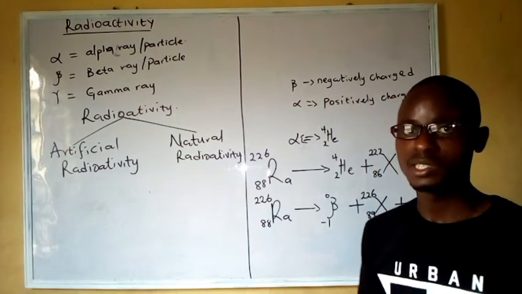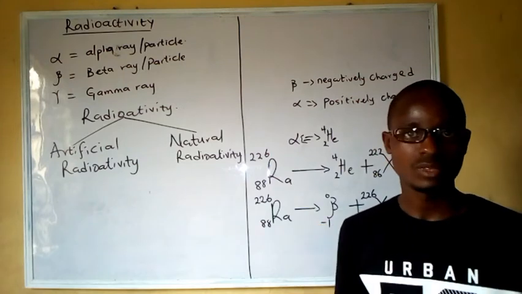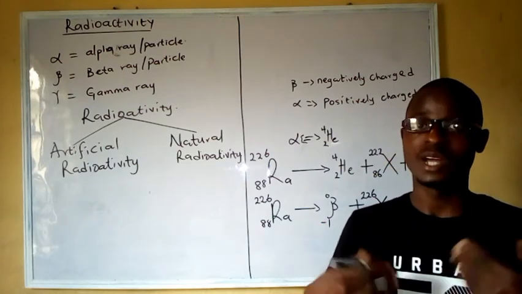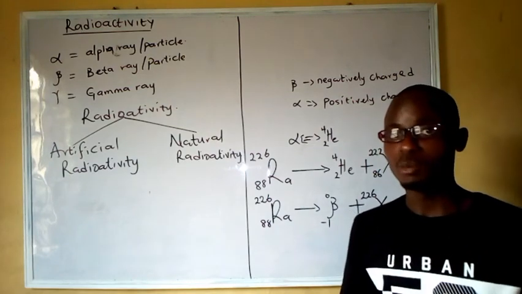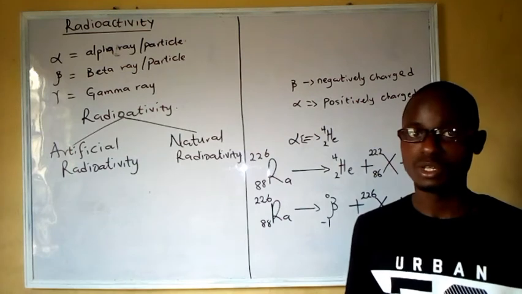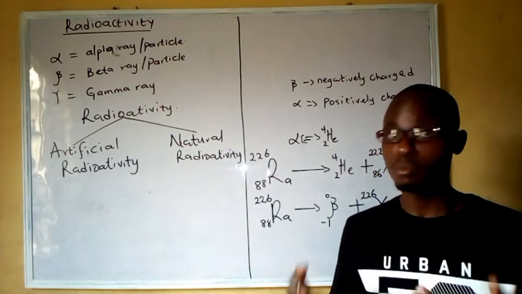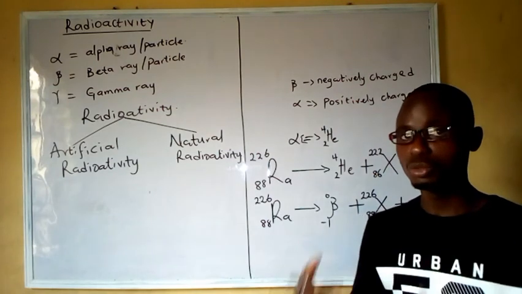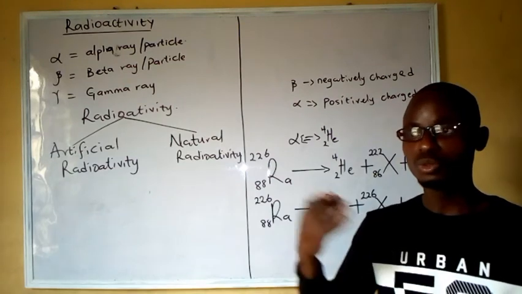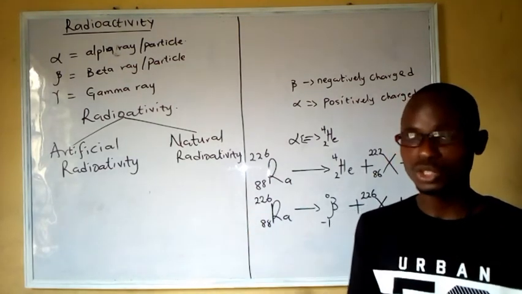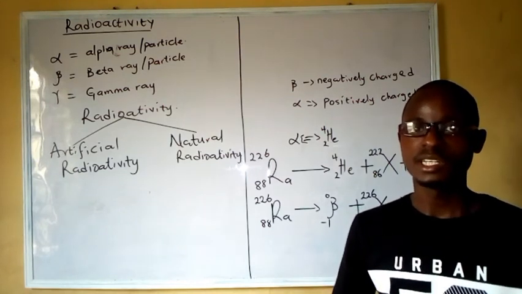But in some cases, the atom of an element is not radioactive in nature, but we can still force it to radiate by bombarding it with neutrons or any other particles, preferably neutrons. By bombarding the nucleus specifically with neutrons, you make the nucleus unstable. Once it becomes unstable, there is a tendency that it radiates.